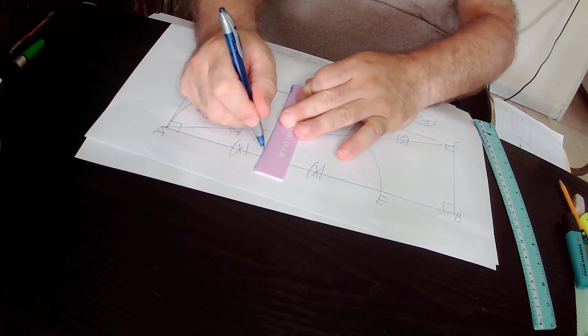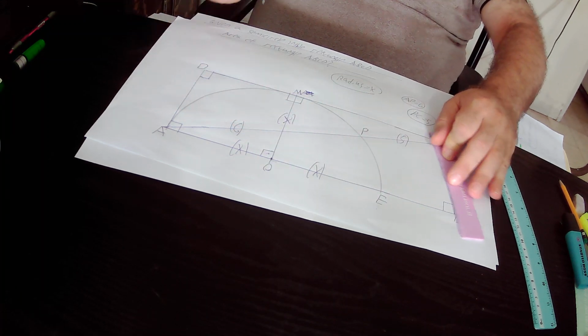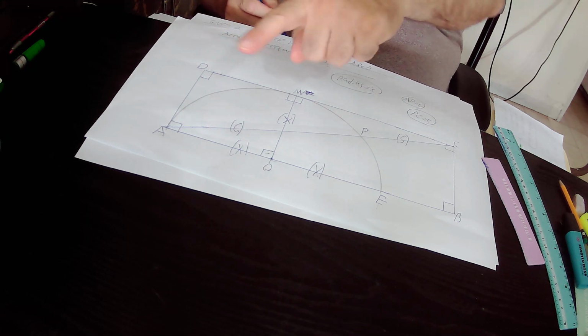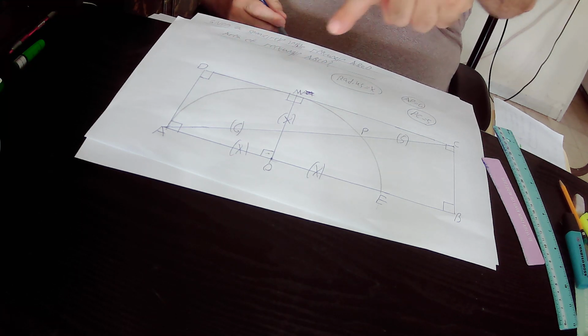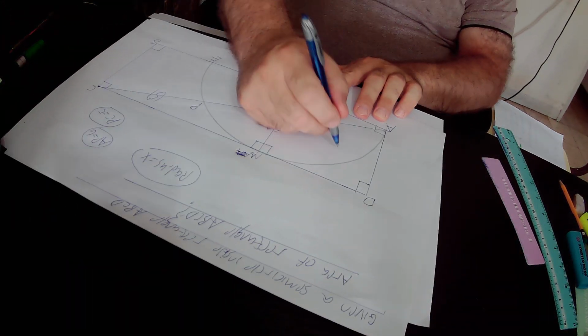So inside quadrilateral DMOA we have 4 right angles. And according to rule 5, any quadrilateral that has 4 right angles must be a rectangle if not a square. So this quadrilateral ADMO is a rectangle because it has 4 right angles.